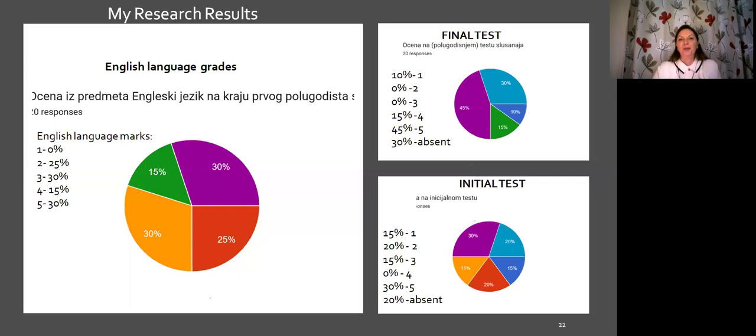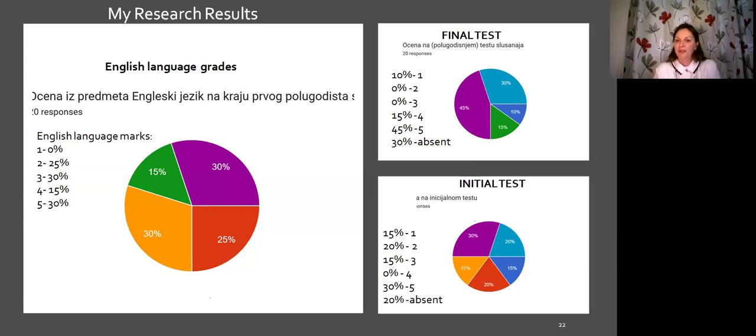So I will present you just some of the main points from my research. I did the initial test and the final test, and I compared my students' grades from the first semester. Sorry, not January.